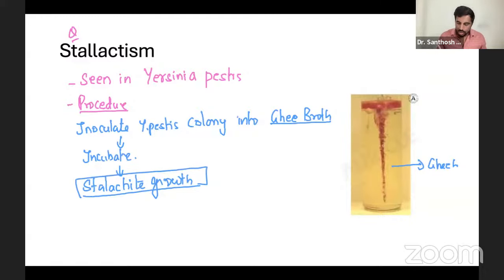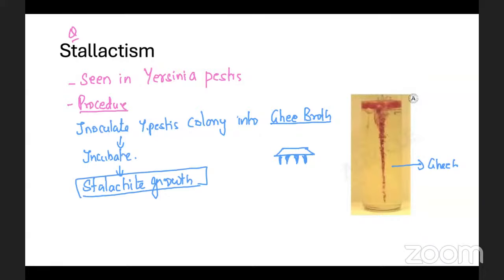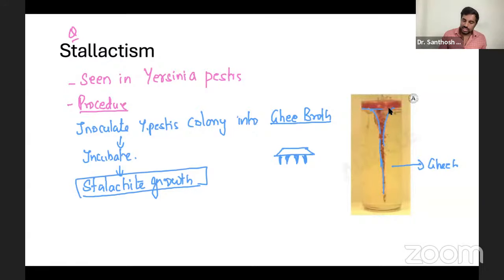When you say stalactite growth, think of winter time, what happens on the ceilings of the house whenever there's a snowfall. In the morning, you can see the ice hanging like this. In the same way, you see growth just hanging like this here, from your Yersinia pestis. This growth is called stalactite growth. This is classical for Yersinia pestis alone.